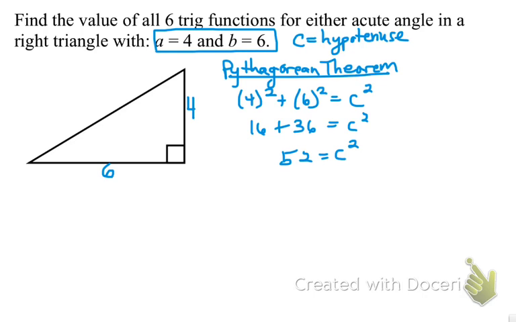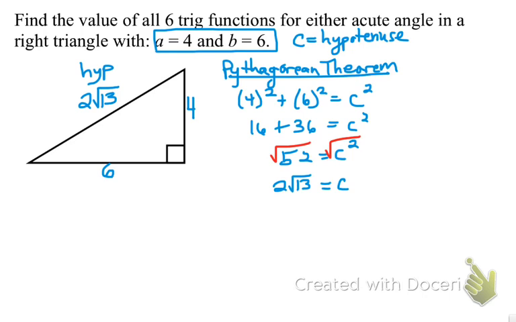We're going to solve for c by square rooting. And because we're dealing with sides of a triangle, we don't have to worry about the negative root. This is going to be 2 root 13. So we can finish labeling our triangle with a hypotenuse of 2 root 13.